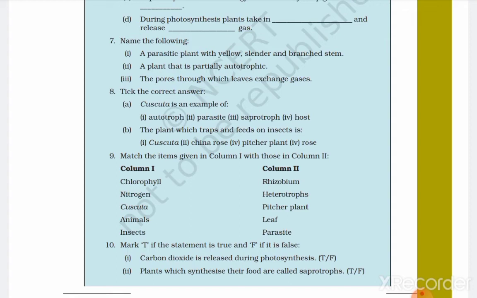These are partially autotrophic because they do photosynthesis, but to fulfill their need of nitrogen, they prey on insects. The pores through which leaf exchanges gas, we can say the stomata. The stomata is used for the exchanges of gas and the transpiration. Transpiration is a process of removal of excess water from the leaf.